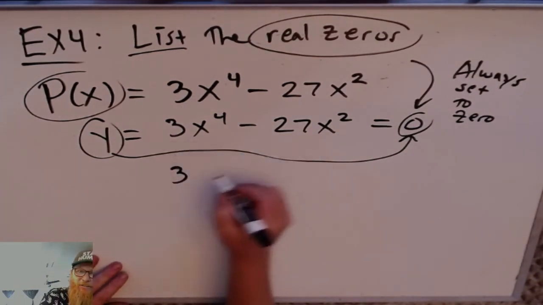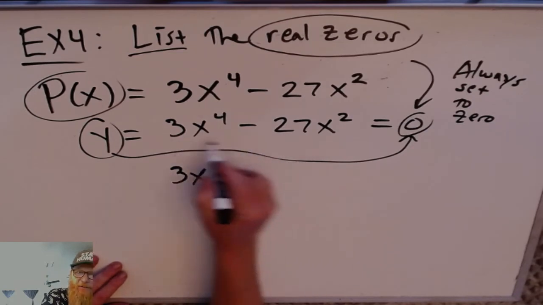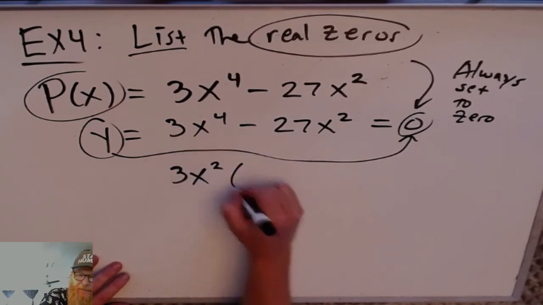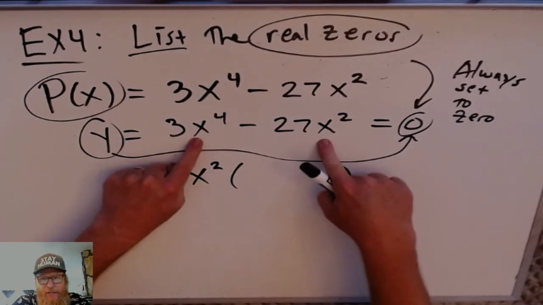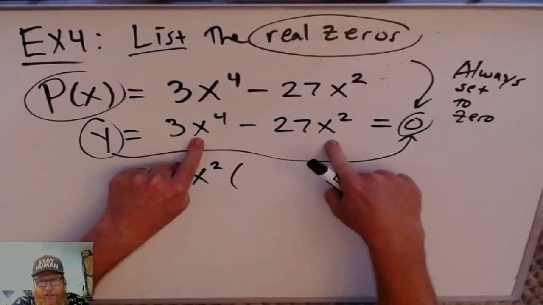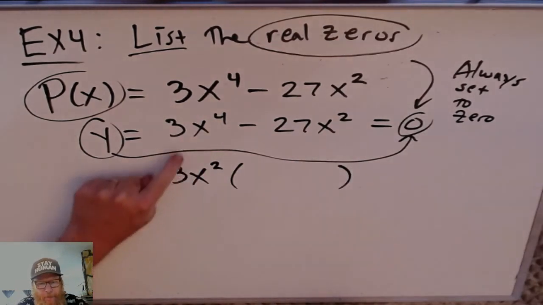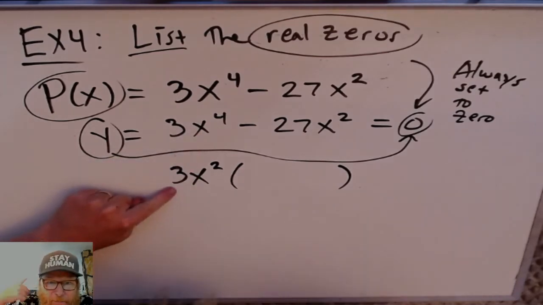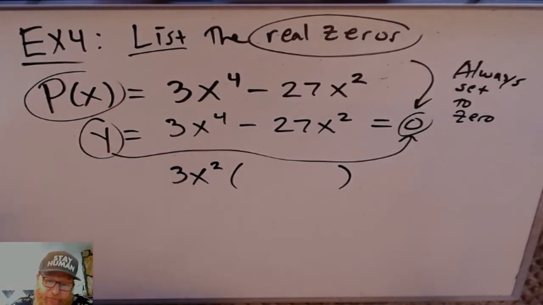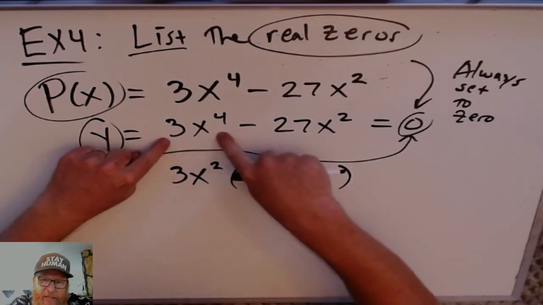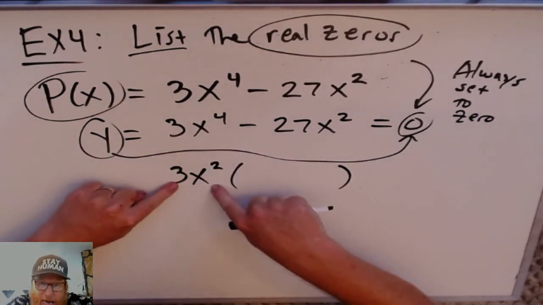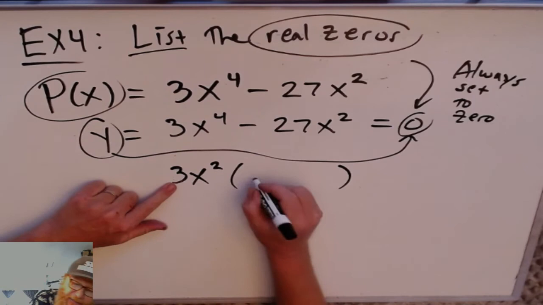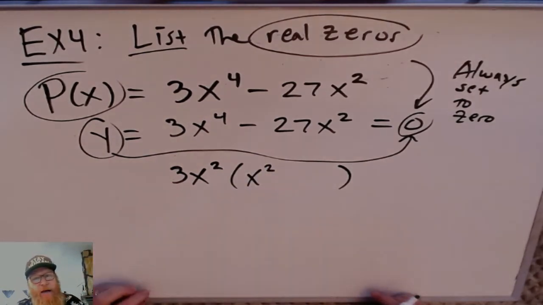All right, look for something they have in common. They're both divisible by 3. And you can take out a square. Yeah, x squared can come out. So remember, factoring mentally is the same as dividing, right? So you're saying 3x to the fourth divided by 3x to the second, well, that leaves you with x to the second left.